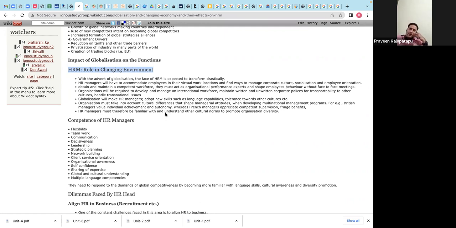This is a little similar to the text that I talked about above, but this has a few points, right? Obviously, the first point is that with this environment, HR is required to transform their staff. Otherwise, they can't really handle this complexity of globalization.